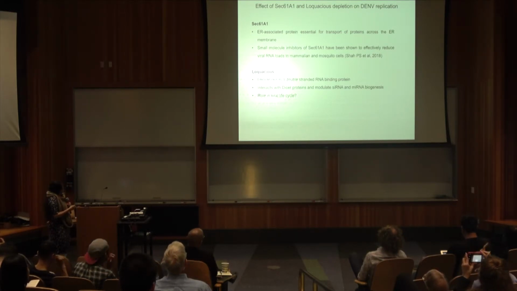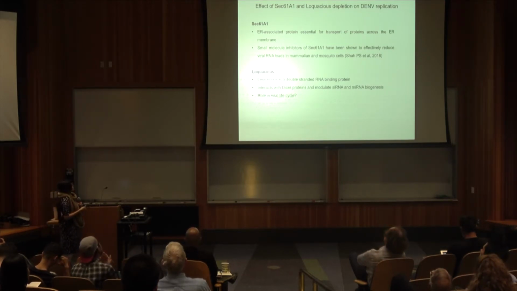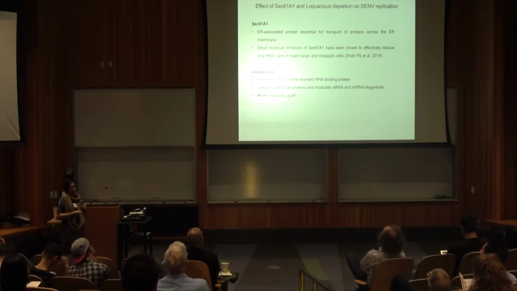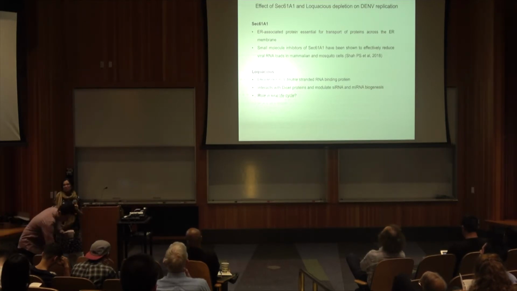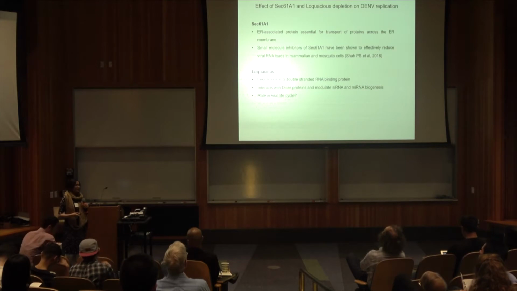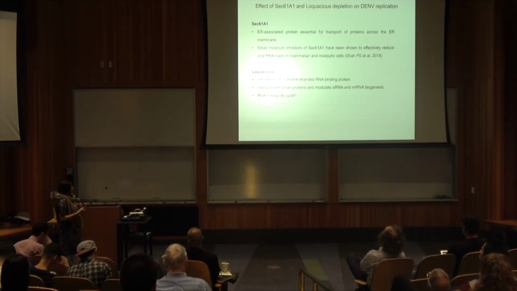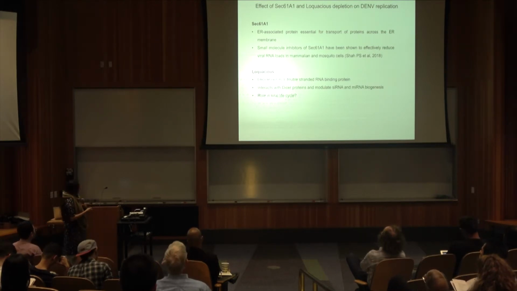The other protein that we saw which had a significant effect on dengue was loquacious. Loquacious is a double-stranded RNA binding protein. It is known to interact with dicer proteins as a part of the RISC complex and modulate siRNA and microRNA biogenesis in insect cells. And we are very interested in learning more about its role in the viral life cycle.